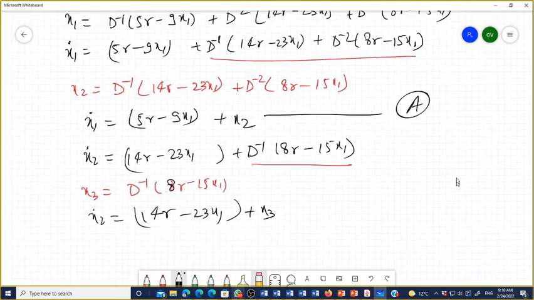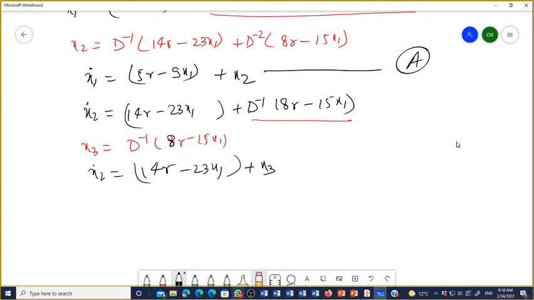And then your last term is x3 dot, which equals 8r minus 15x1.